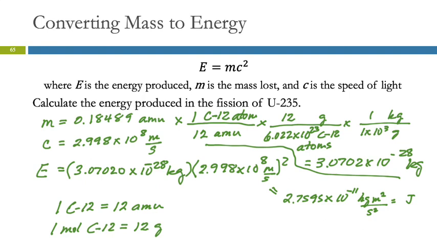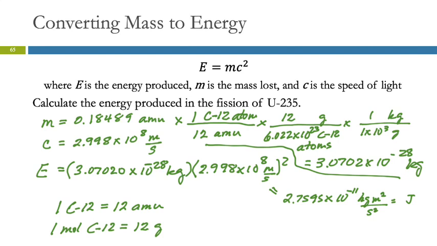So is that a lot of energy? 10 to the minus 11 joules? No, it's not very much at all. But in a measurable amount, in a visible amount of uranium, how many atoms are there? A lot, right?